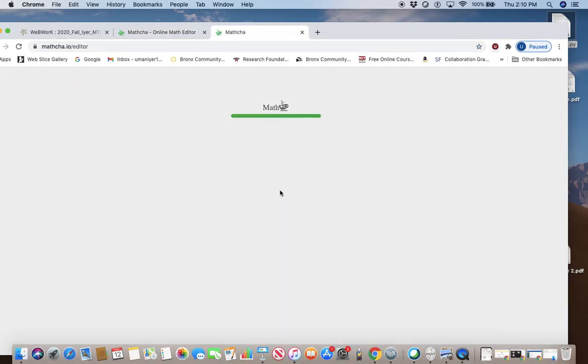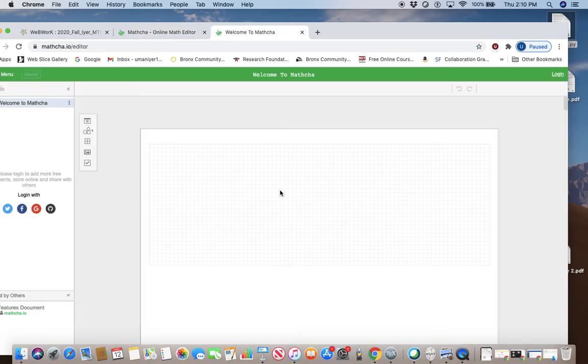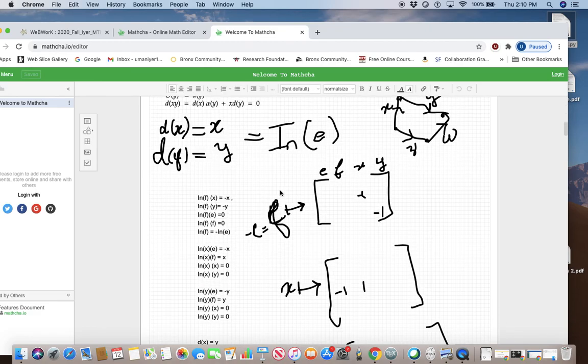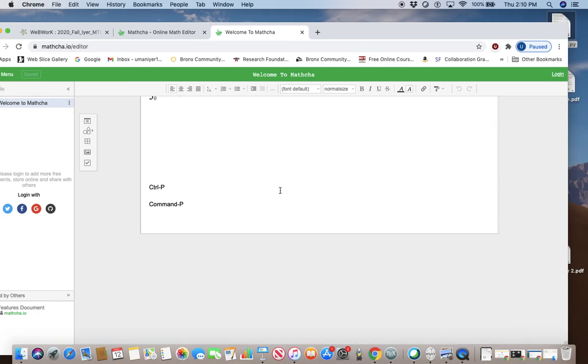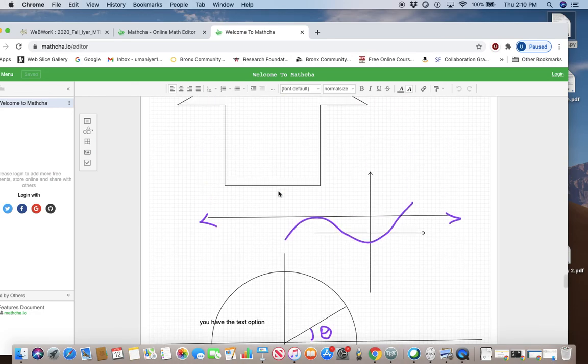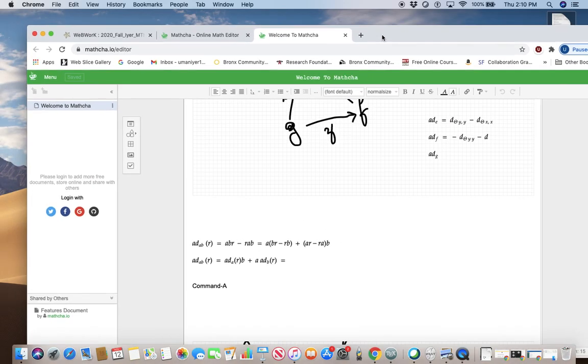Open editor. You notice nothing got changed. It's still available. All right. So you don't lose information. That's one advantage of having Mathcha. Of course, if you change your equipment, that is, you use some other computer, then it will start off as though you had never used it before, right?